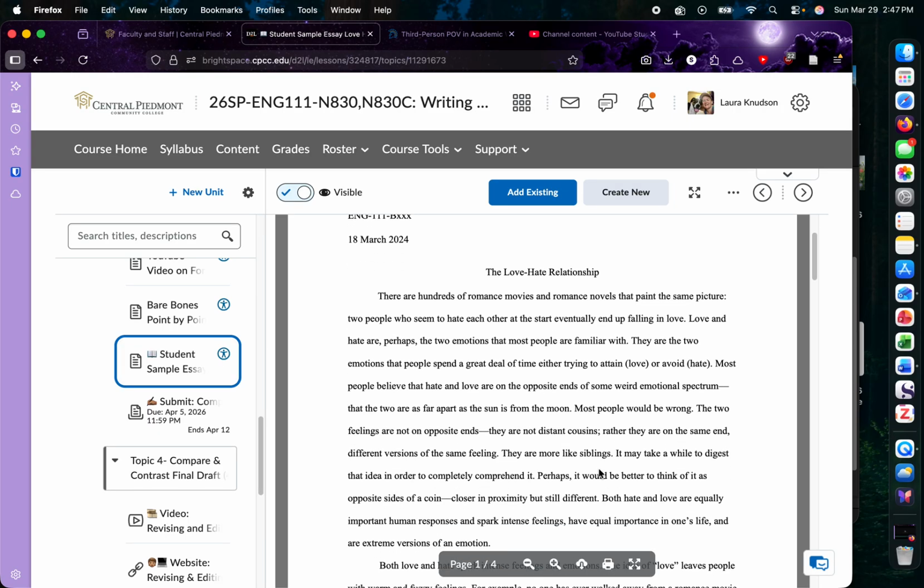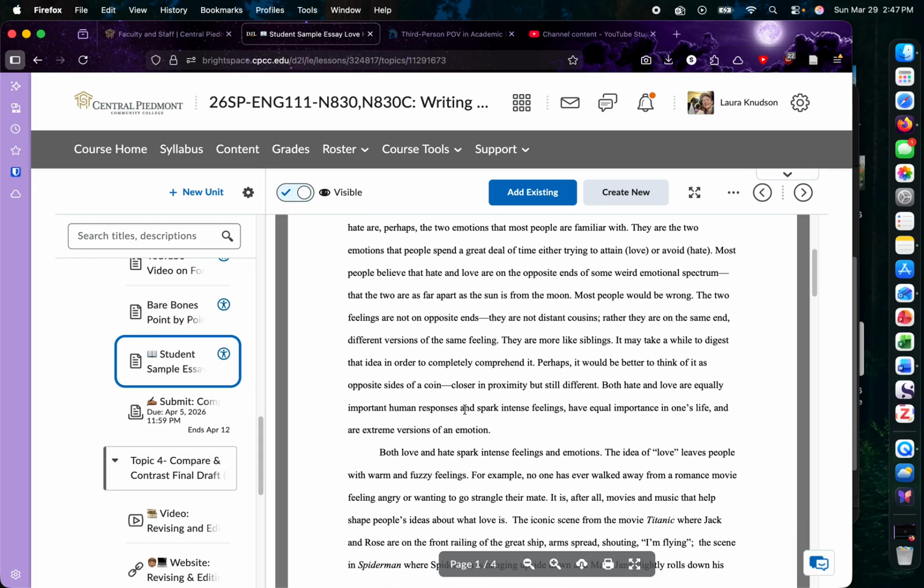It may take a while to digest that idea in order to completely comprehend it. Perhaps it would be better to think of it as opposite sides of a coin, closer in proximity but still different. Both hate and love are equally important human responses and spark intense feelings, have equal importance in one's life, and are extreme versions of an emotion. Here's our thesis statement.